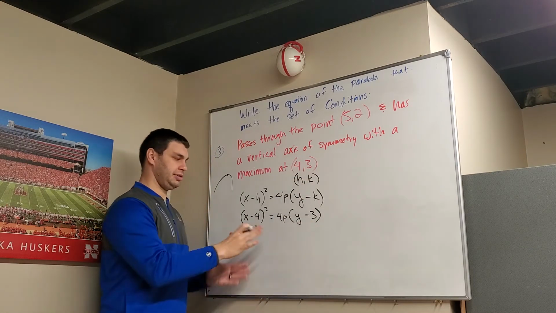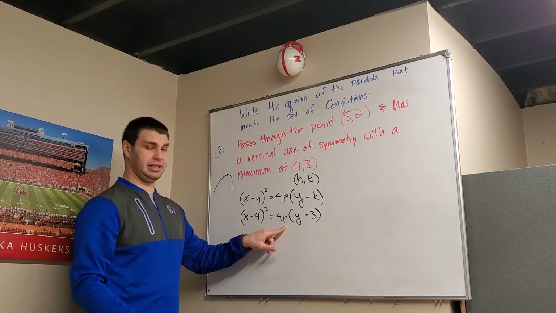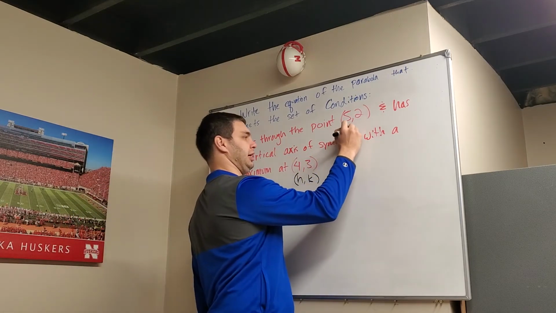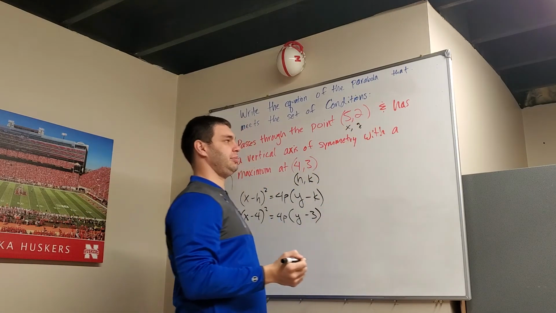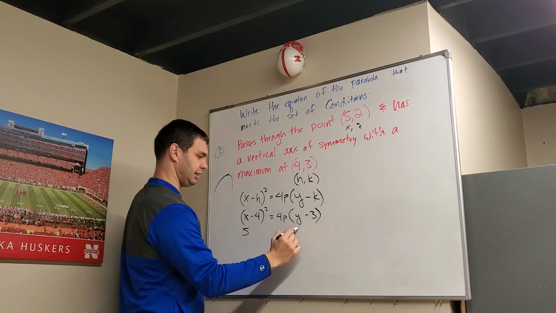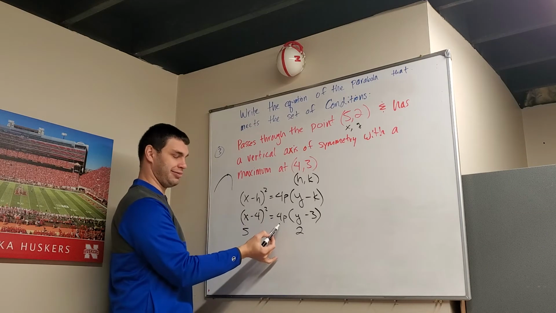Okay, so why did I do that? Because now all I have is an x, a y, and a p as far as variables go. Well, I know that one of those x and y's is going to be (5, 2). So if I plug in a 5 and a 2 here, then all I'd have left for a variable is p.